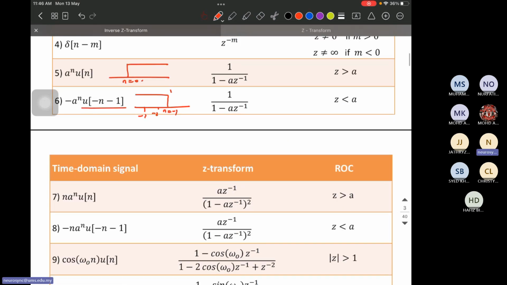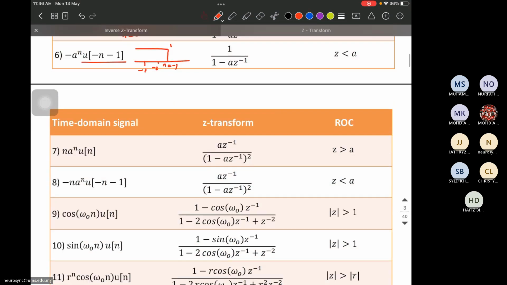Then n into a to the power n u of n. So this is basically from the property. If n is multiplied by this signal, then we have seen we need to take the derivative with respect to z, right? In the last lecture also we have seen properties, and for this the z transformation is like this.